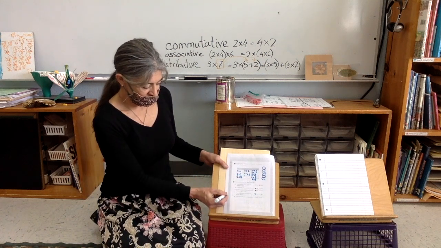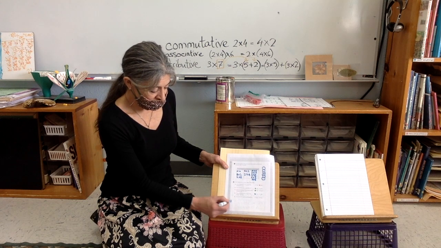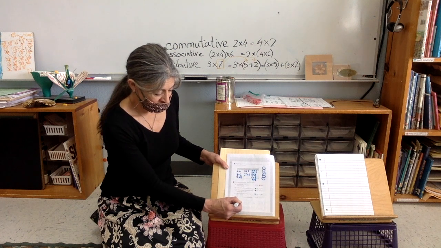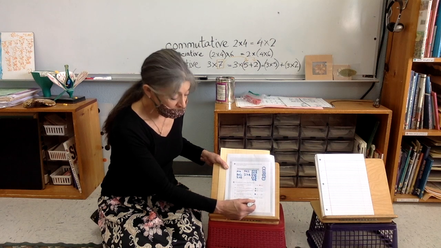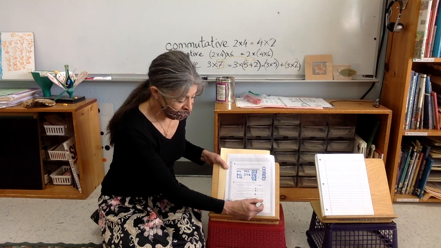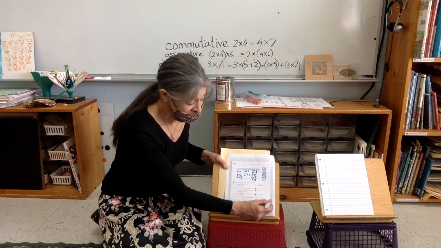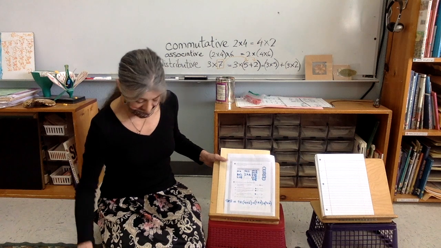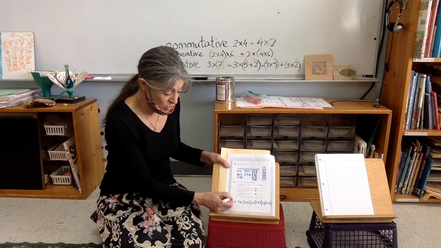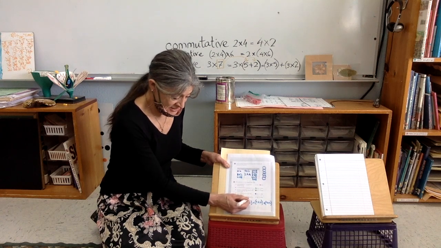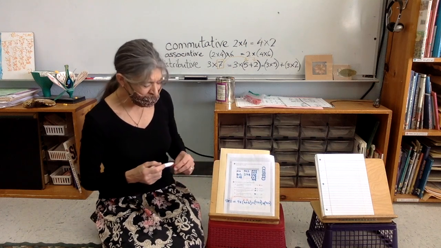Just watch. 9 times 8 equals 9 times 4 plus 4, which equals 9 times 4 plus 9 times 4. That's the distributive property, distributing to 2 different places. Don't draw anything. Just remember that one's tough.